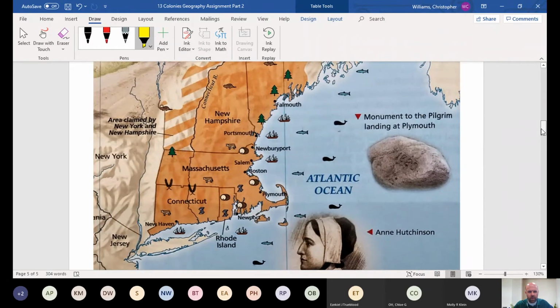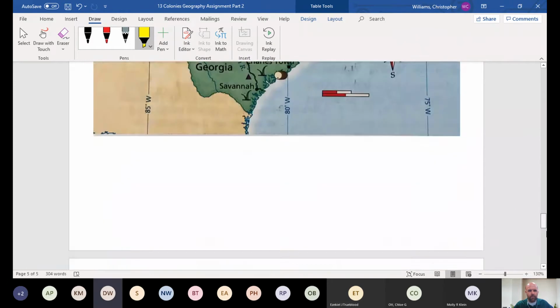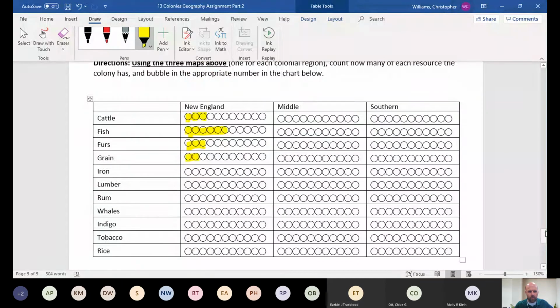I only see 3. What about you all? 3. You agree? Yeah, yep. 3 works for me too. All right. Lumber. What about lumber? 4. Rum. 4.